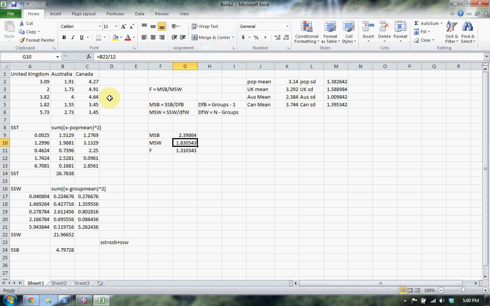Subtract the number of groups, 3, and we get 12. Then dividing those, we come up with an F score of 1.31. If we were to look on a critical F value scale, we would find that this is a non-significant result, so there is no statistical difference between the mean scores.